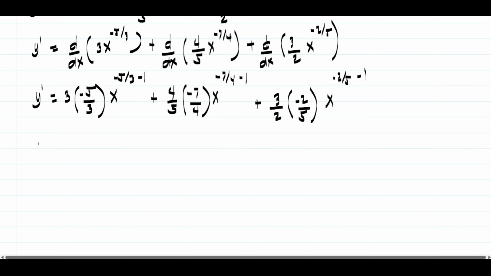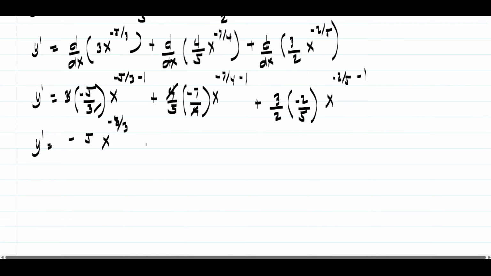So to simplify this one, let us have y prime. We can cancel 3. This will give us negative 5 x raised to negative 5 over 3 minus 1, that is negative 8 over 3, or negative 5 minus 3 is negative 8, copy the denominator 3. And then we can cancel 4.